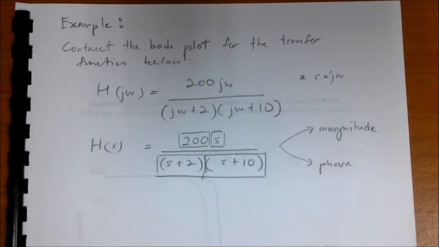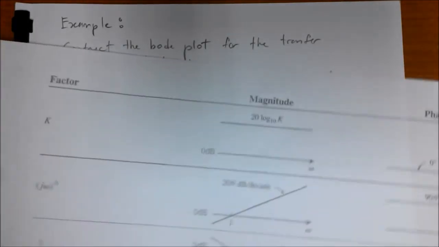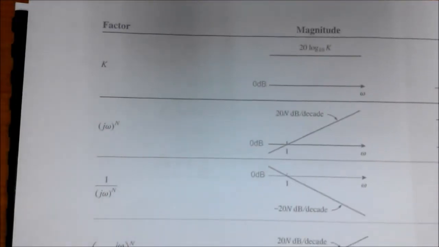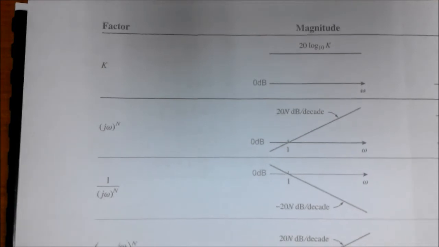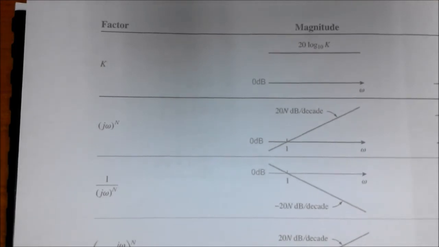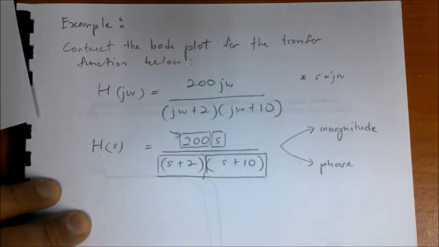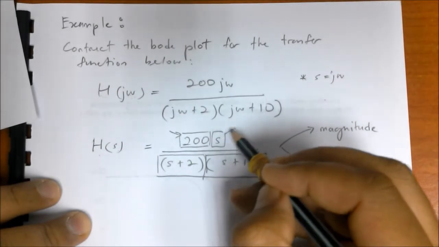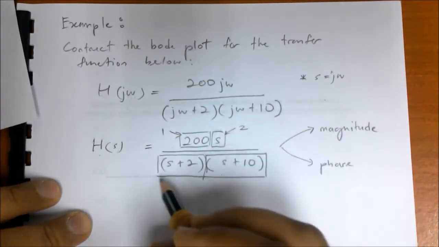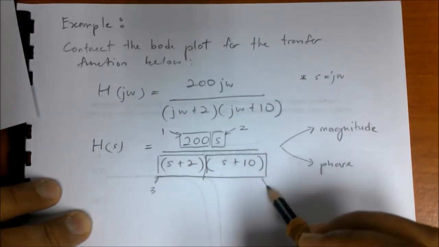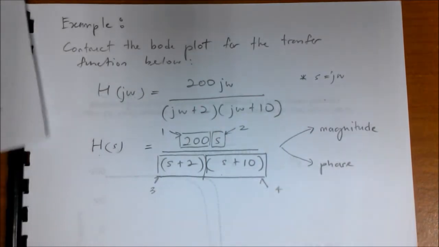Now these factors we can refer to the table here. This is the first, this is the second, this is the third, this is the fourth factor.